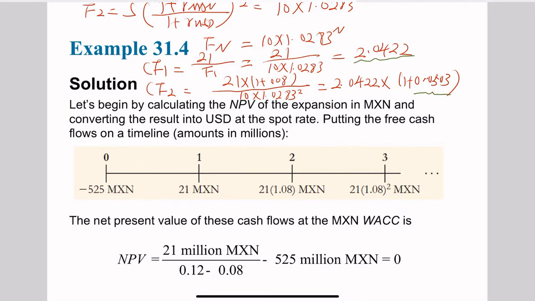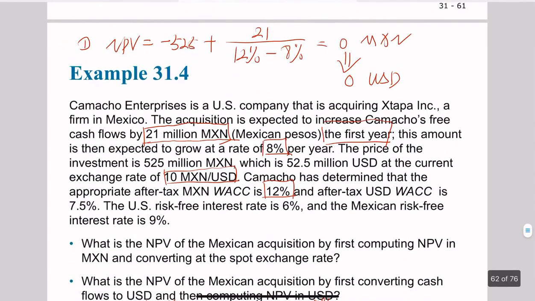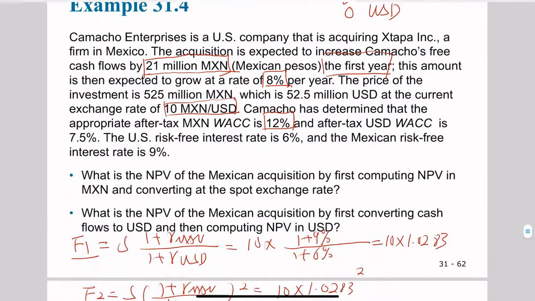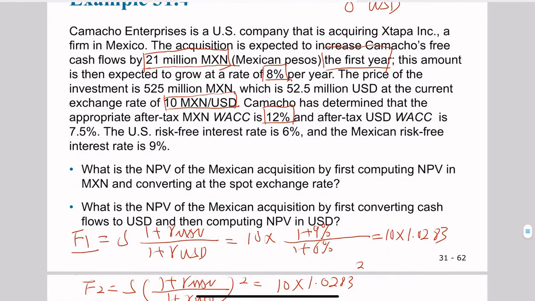Now, you might wonder, hey, why when we think about cash flow in MXN, its growth rate is 8%. But when we convert it back, then we get a growth rate of almost 5%.